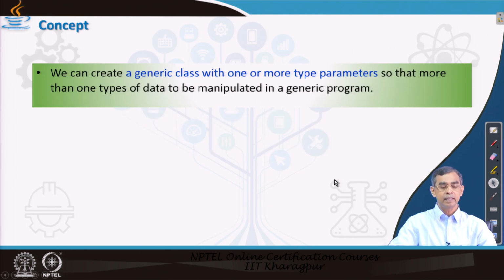So, in summary we can say that we can create a generic class with only one type or any type of parameters, so that more than one type of parameters can be managed by your generic program.